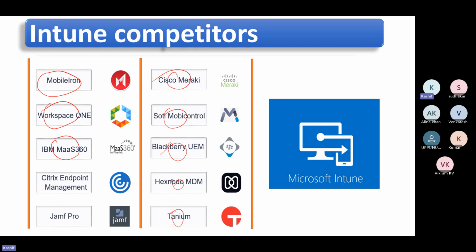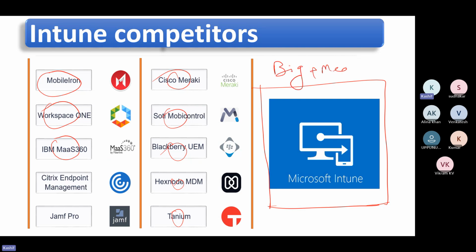But Intune is like a monster in front of these tiny competitors, because you will find Intune in almost all big and medium size organizations. Wherever you go, you will find Intune almost everywhere. Okay. These are the competitors of Intune.